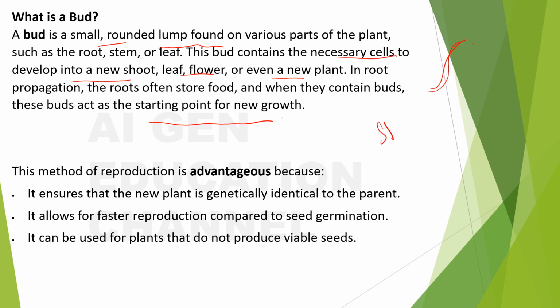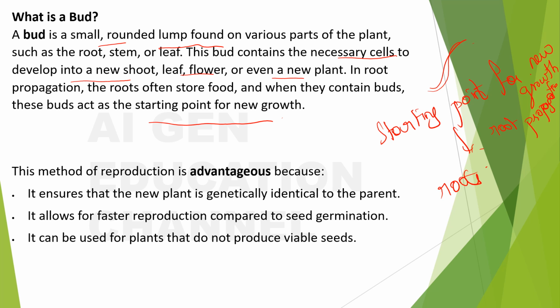So, the question will be, what will be the starting point for new growth in root propagation? So you may tend to answer it to be roots, right? Starting point for new growth in what? Root propagation. No, it's not. Wait, let me finish off this question, right?